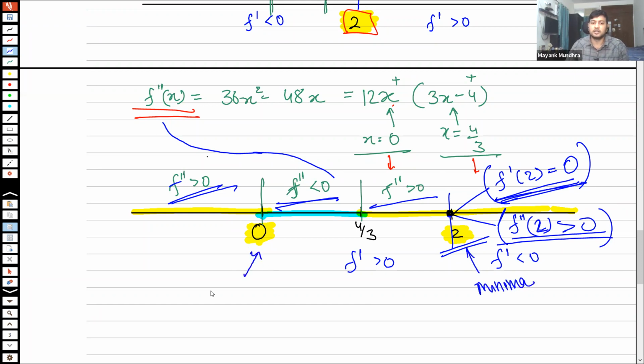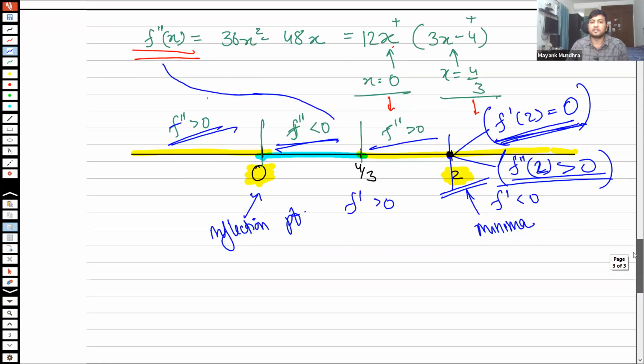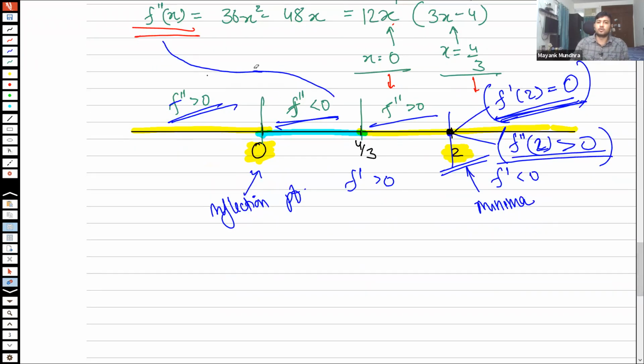And this is an inflection point. Okay. So after this, all I need is to go by these rules. I know that there is some point of inflection happening here. In this zone, it is f prime negative and f double prime positive.